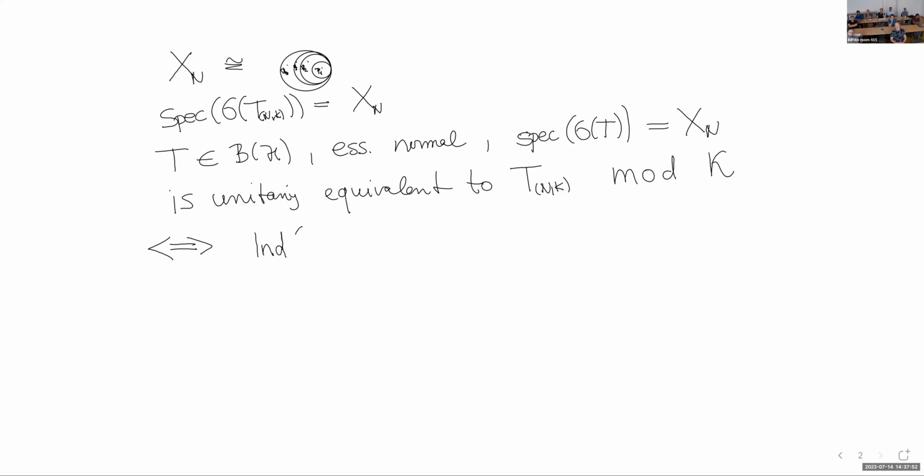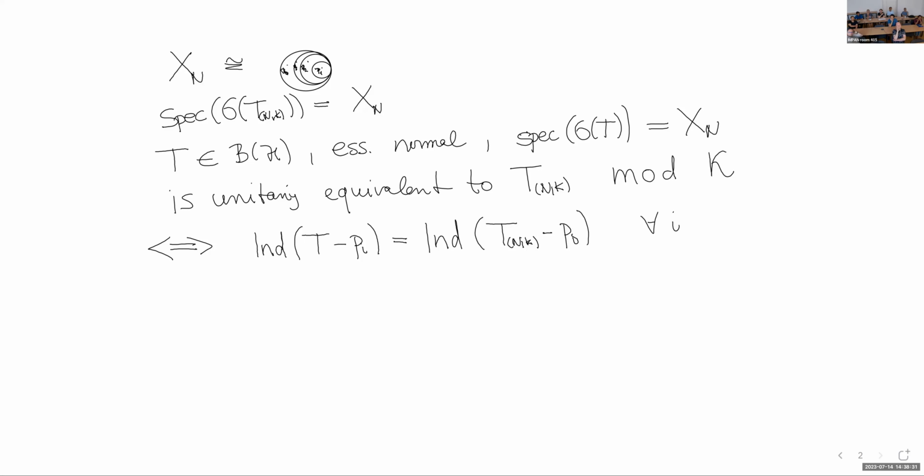The Fredholm index of T minus pi I is the same as the index of my generator, which I explicitly define, T_N_K minus I, for all I. This is the Brown-Douglas-Fillmore theorem. That's the first version of Brown-Douglas-Fillmore.